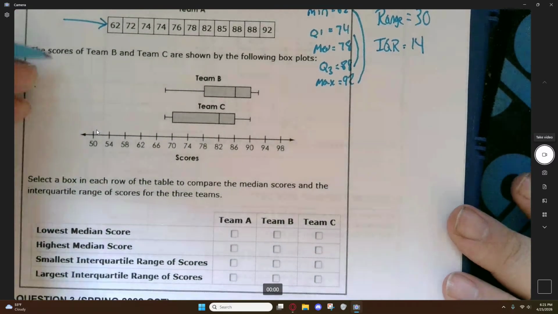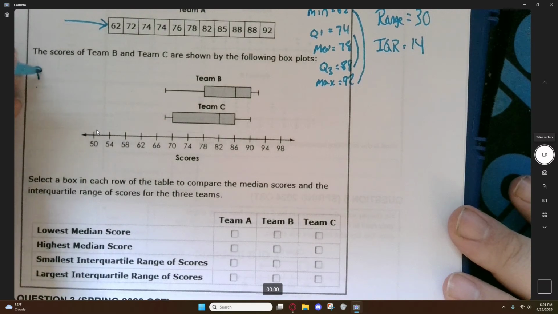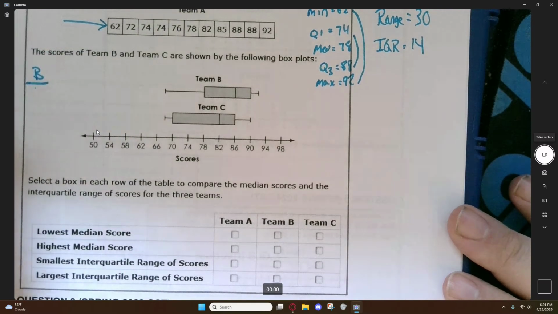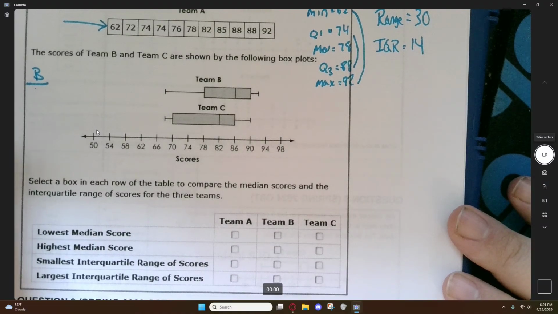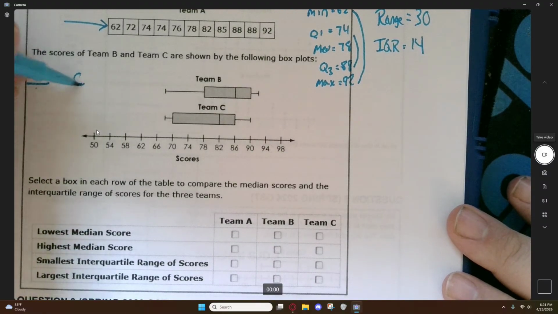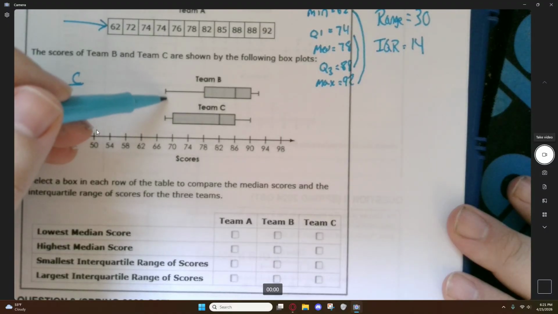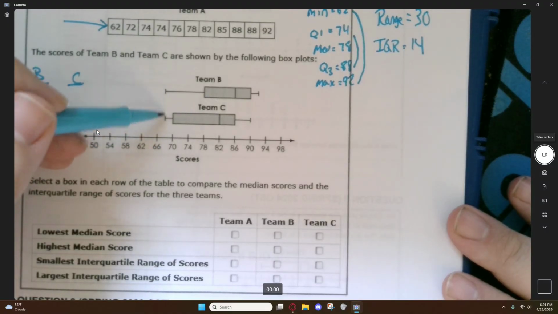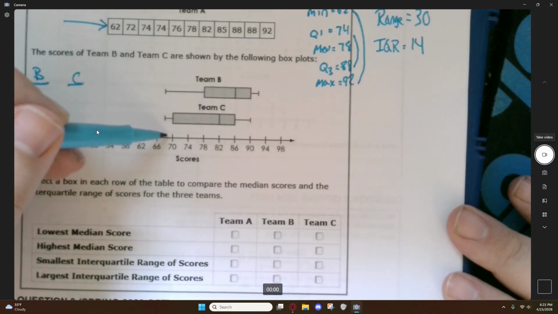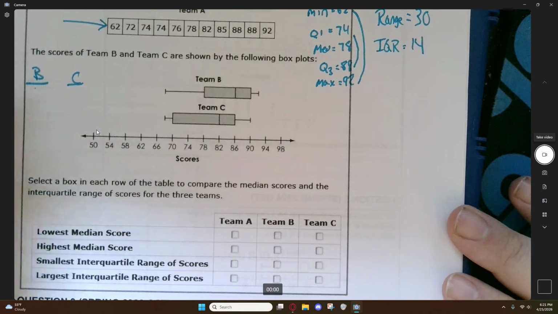Now, we can use the box and whisker plots to find the information for B and C. Min, the Q1, the median, the Q3, and the max. Okay? So B's minimum is reasonably estimated at 68.